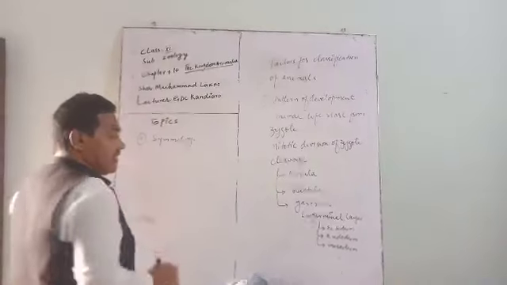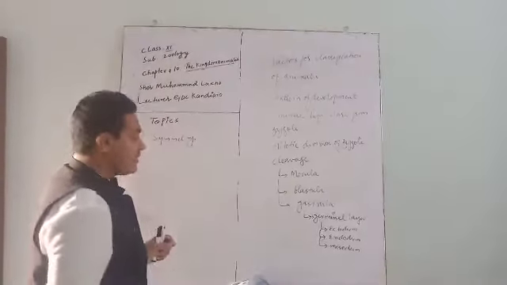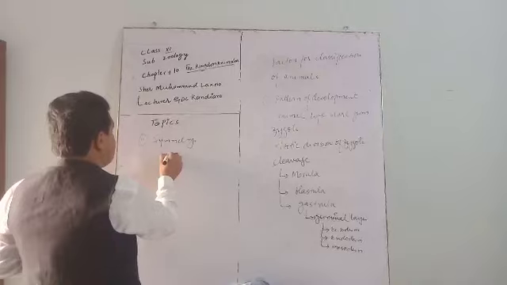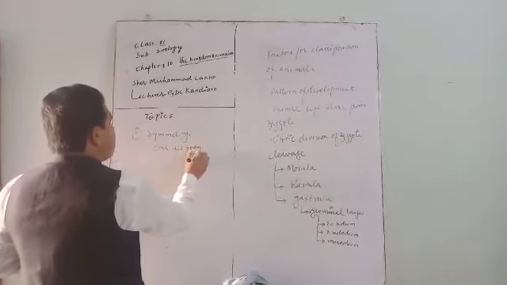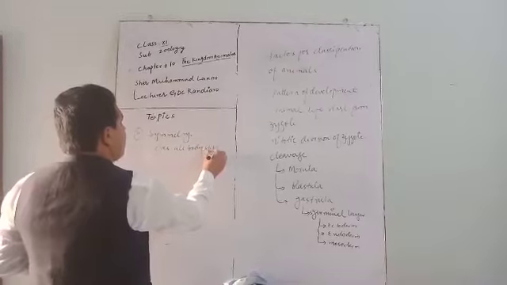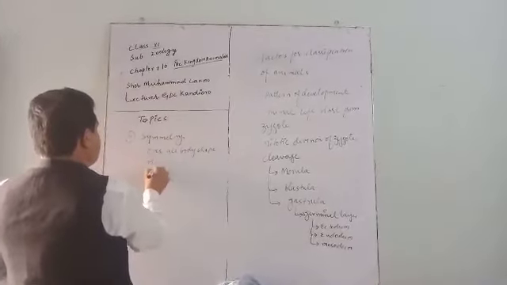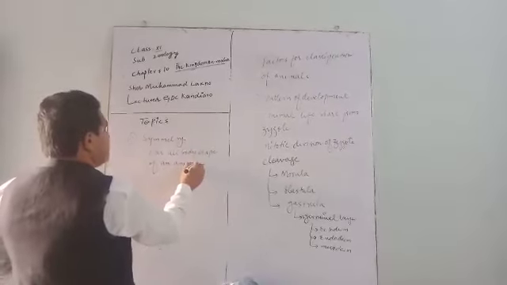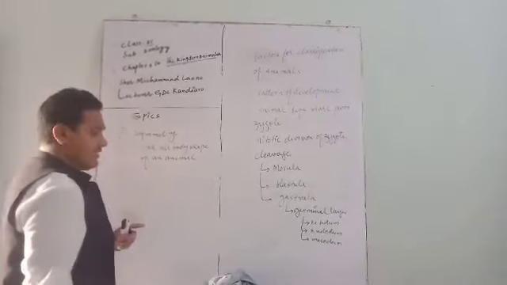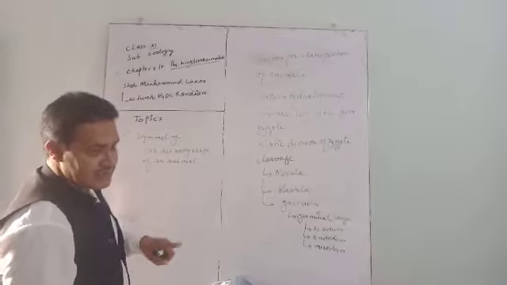Symmetry is the overall body shape of an animal. You should keep in mind that animals are always multicellular.